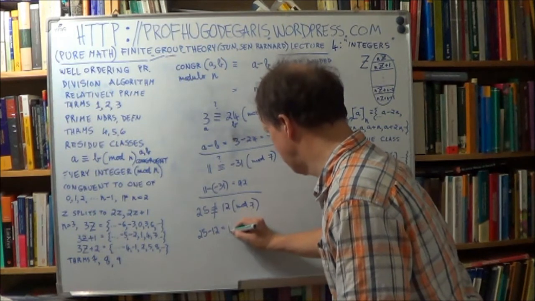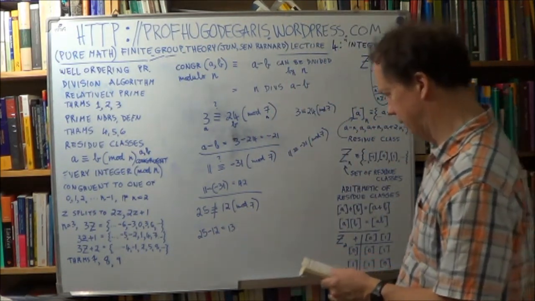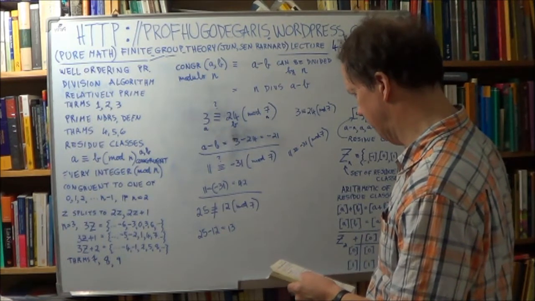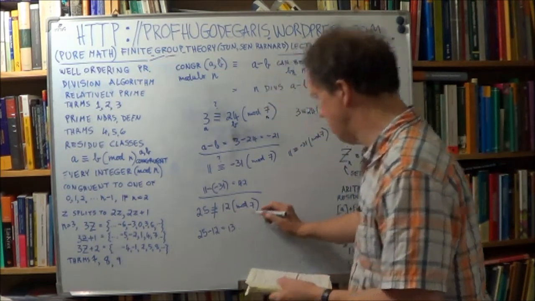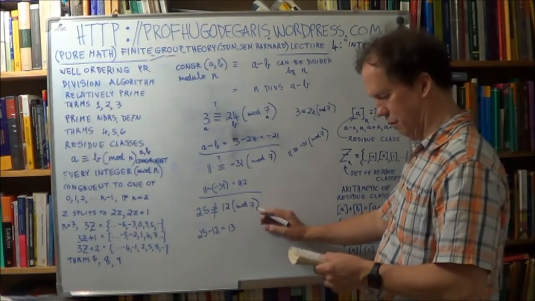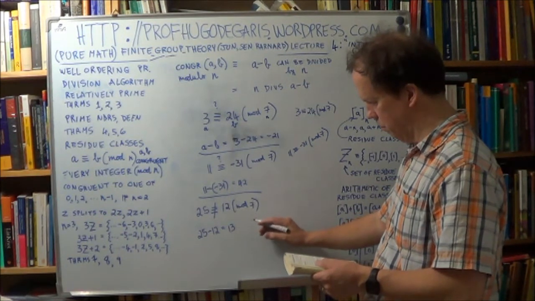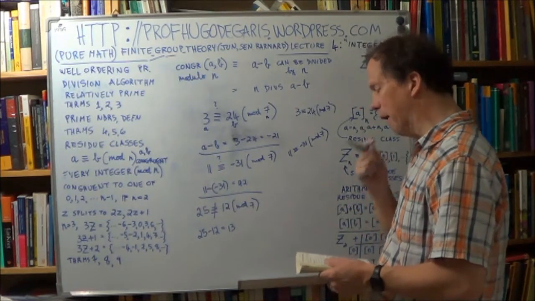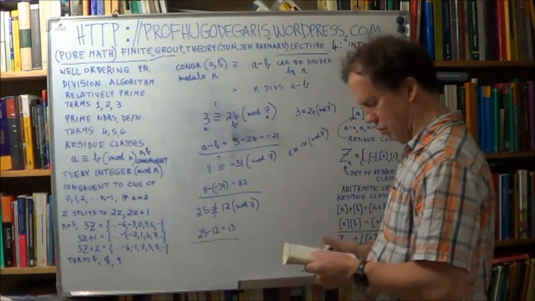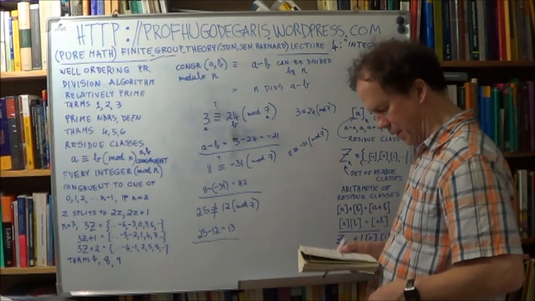That's equal to 13. Now, can you divide 13 by 7? No. Therefore, this is true. So that's actually true, right?